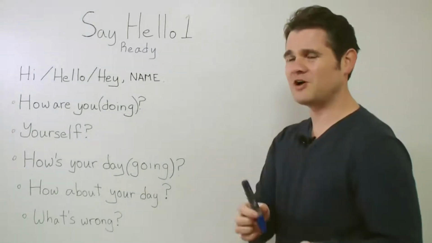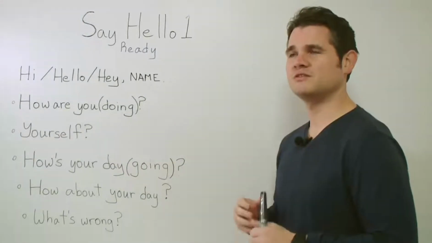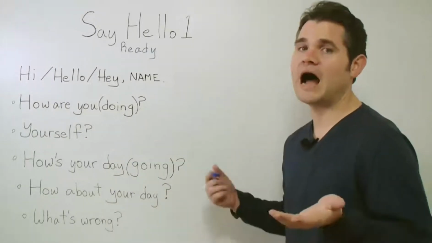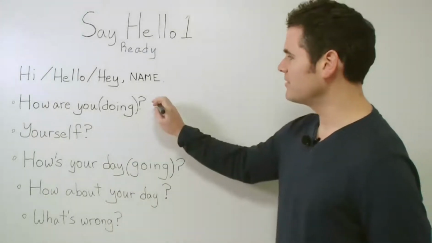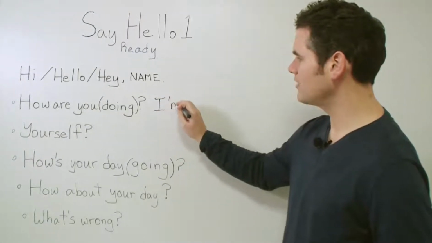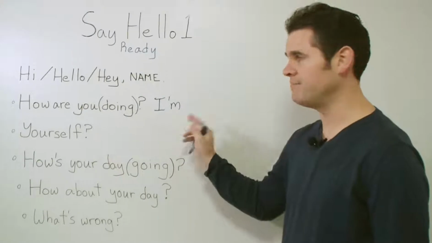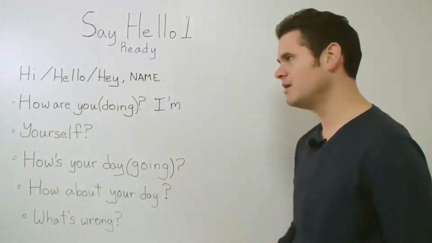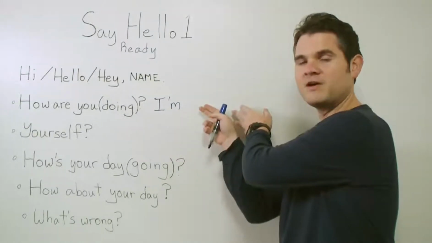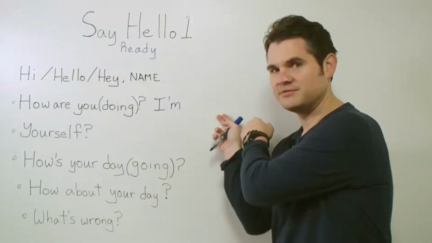So let's first answer this question just using a simple I am or I'm. So I'm going to write I'm right here, and again this is I am, just condensed, I'm. Now, usually when we're just answering with this, we want to follow it with an adjective.